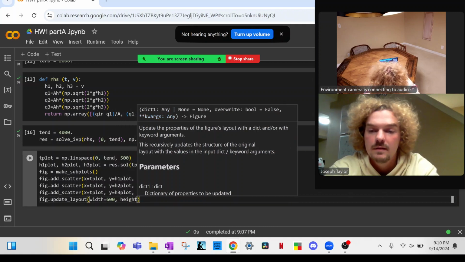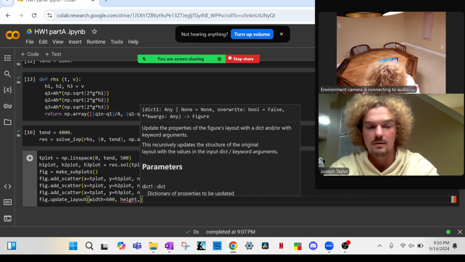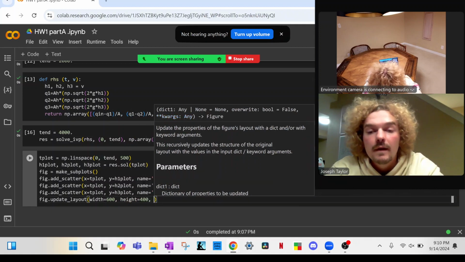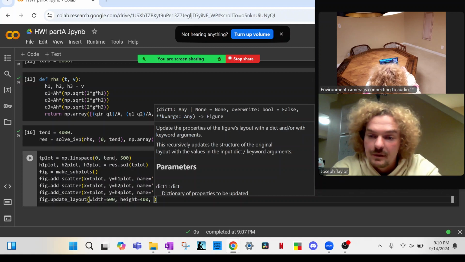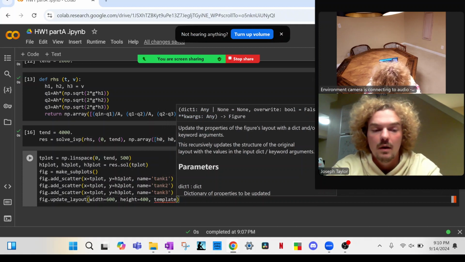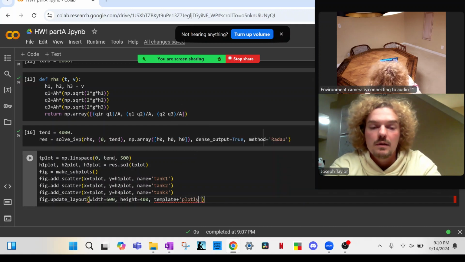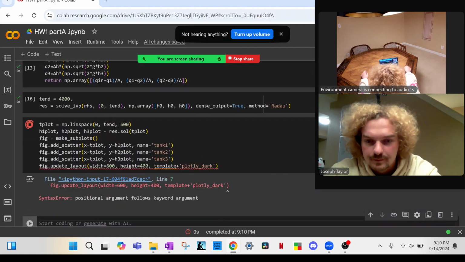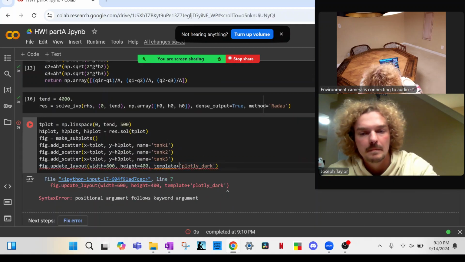For the height, we're going to set that as 400. And then just to make it pretty, let's go ahead and make the template plotly_dark. Shift enter.